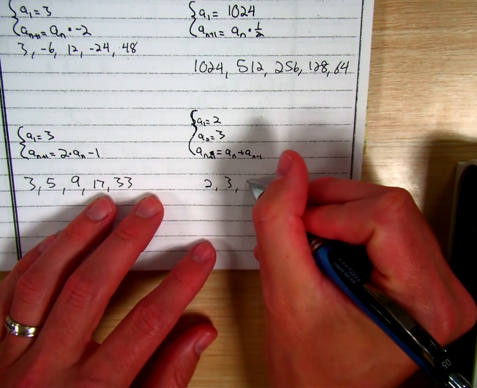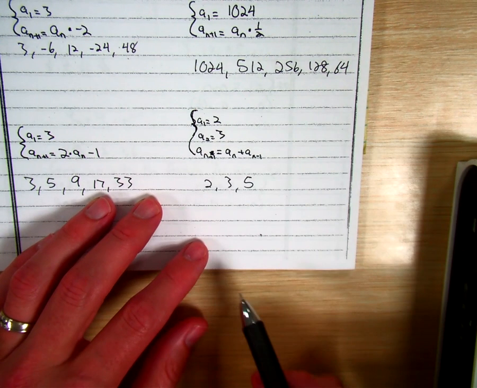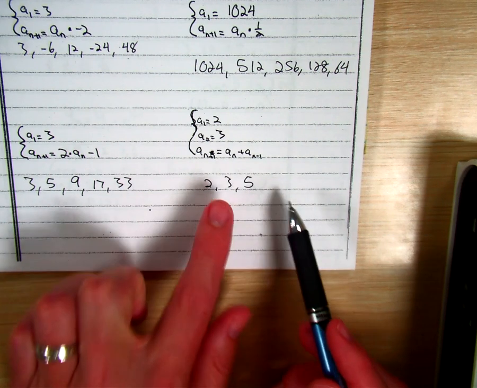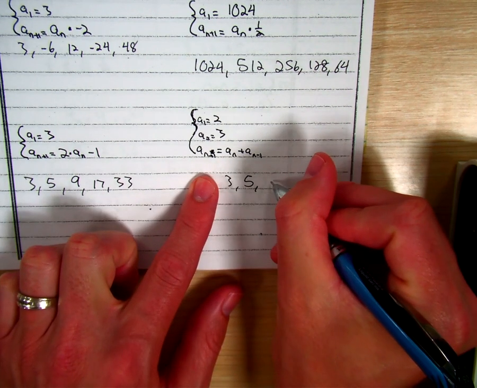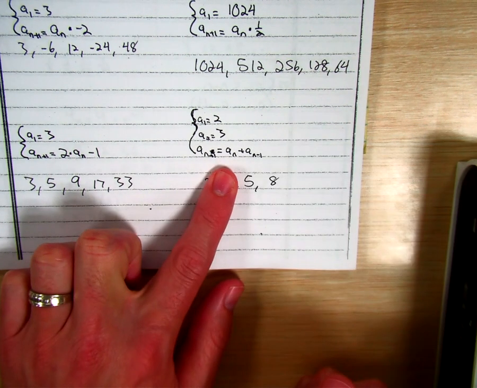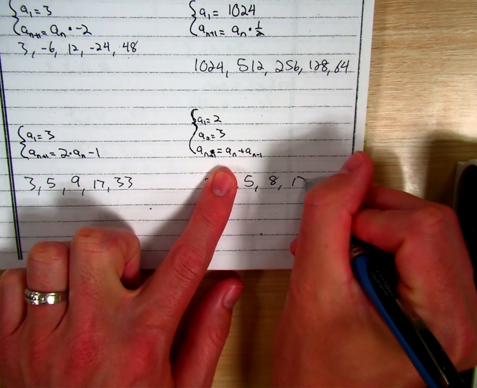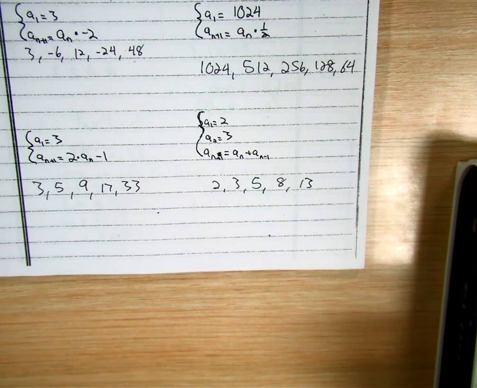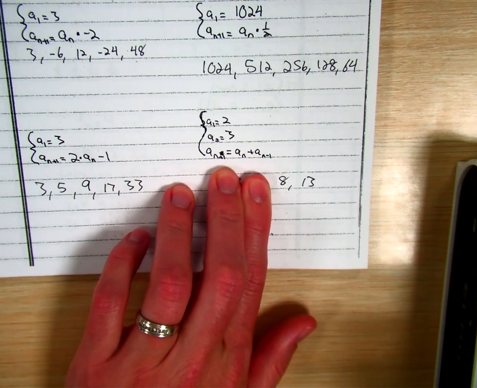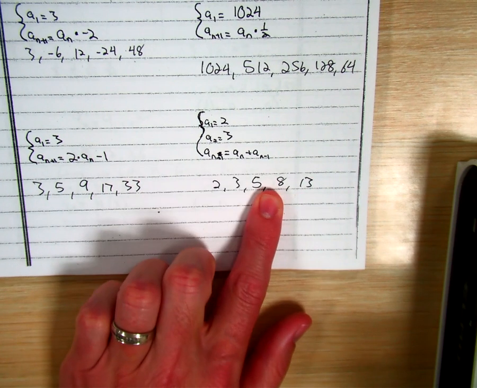So 3 plus 2 is 5. Then we add 5 plus 3, 8. Then 8 plus 5, 13. And we just keep going on like that, adding the current one plus the one before it to get the new one.